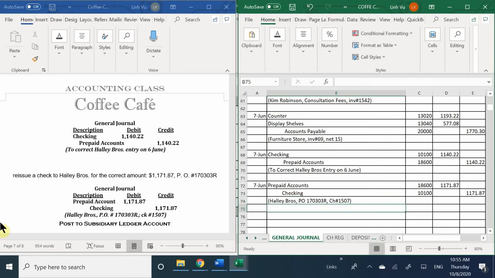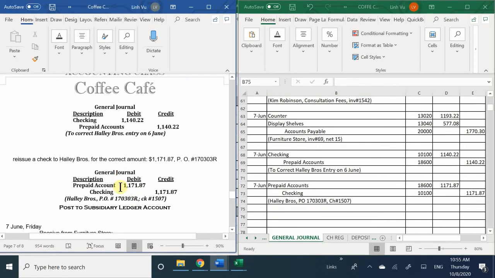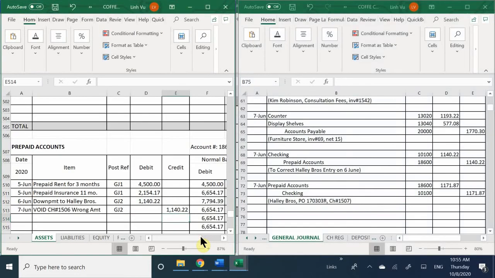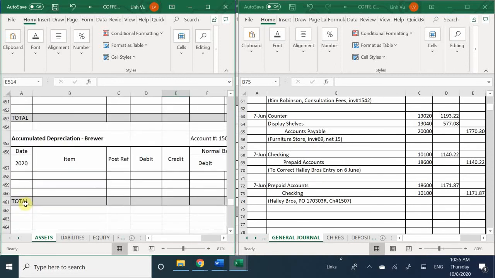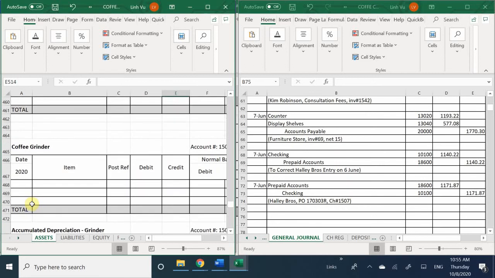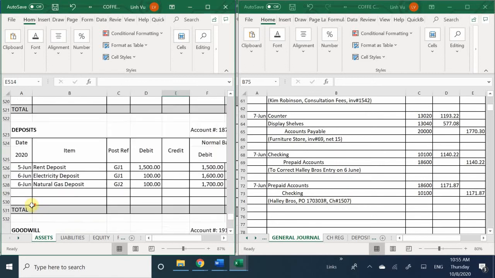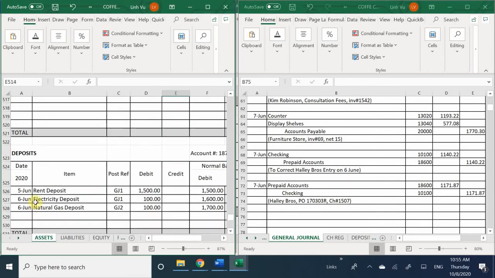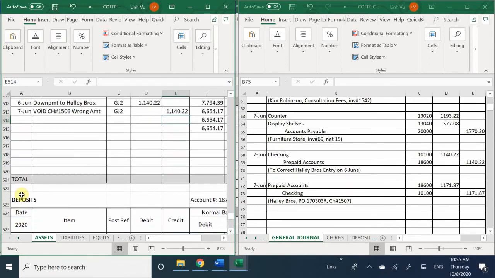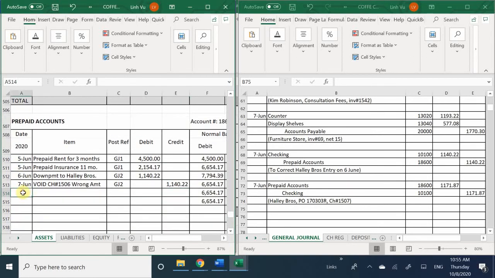Okay. So now that I've finally re-entered the correct transaction, I can go ahead and update my ledger again with proper numbers. My first one is going to be prepaid accounts, which is where we left off. Okay, so here's my wrong one. That's deposits. Prepaid accounts. Here it is. Okay.